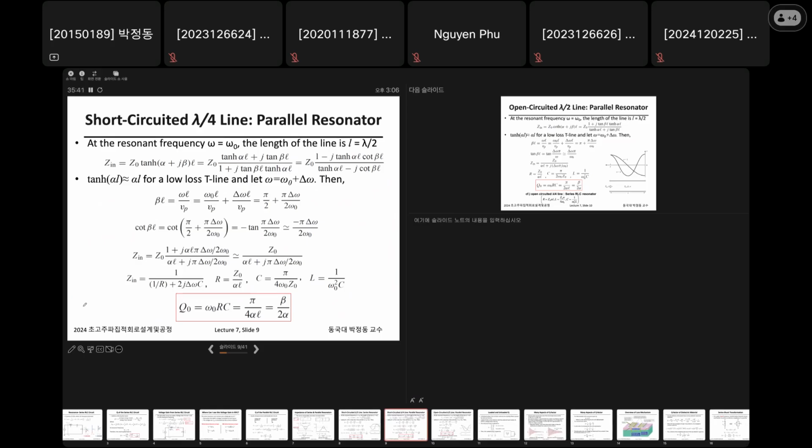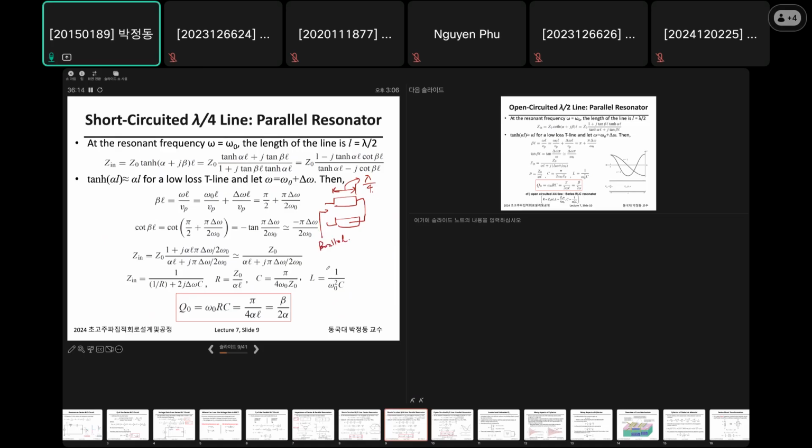So let's talk about the short-circuited lambda over 4 transmission line, which is, strictly speaking, a parallel resonance circuit. Once you make this circuit with length lambda over 4, it looks like a parallel network.